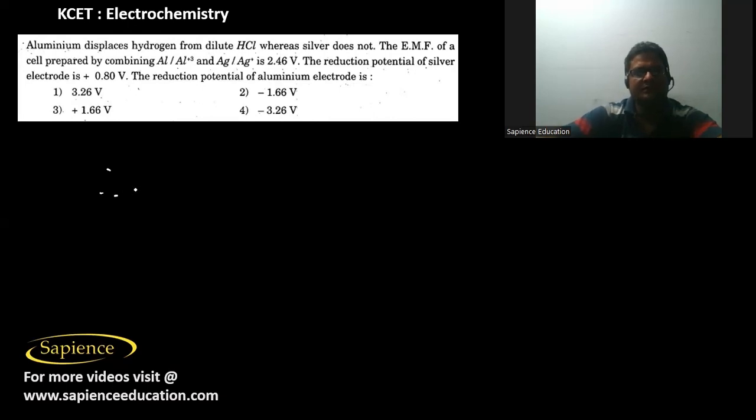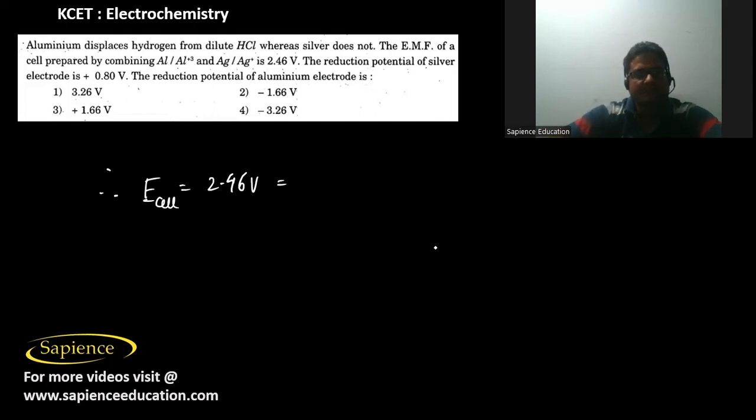So now therefore the E cell is given as 2.46 volt. Aluminium displaces hydrogen, but silver does not.